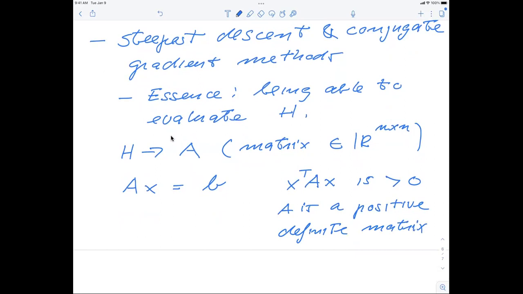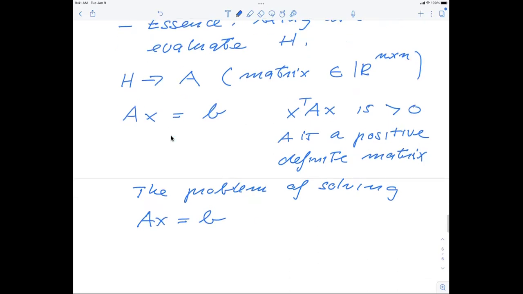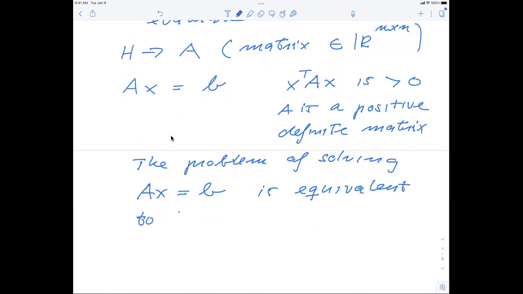So the problem of solving Ax equal to B is a problem which is equivalent to the problem of optimizing, we could say minimizing.